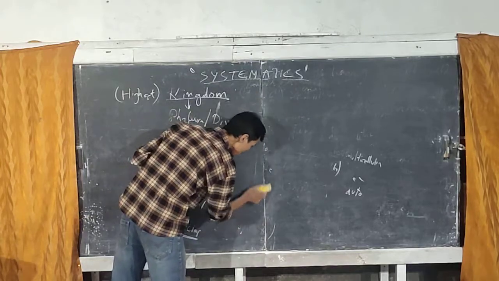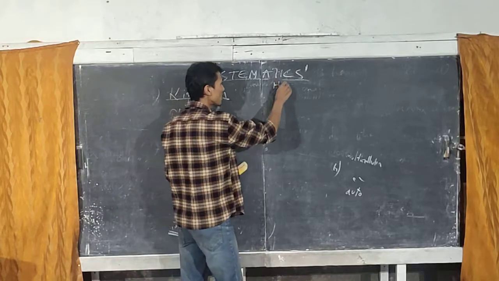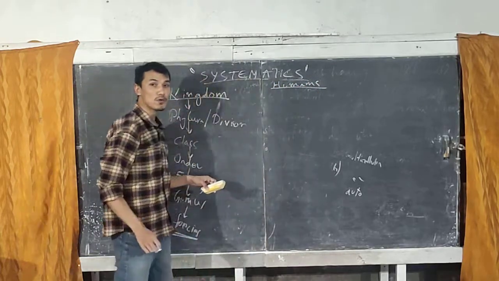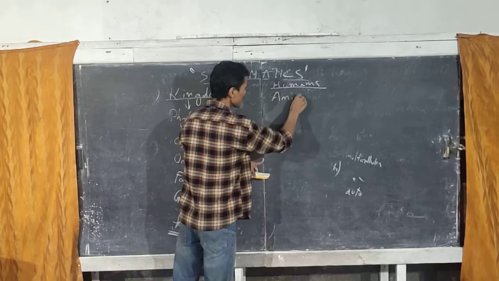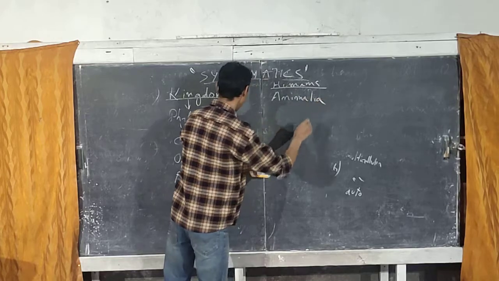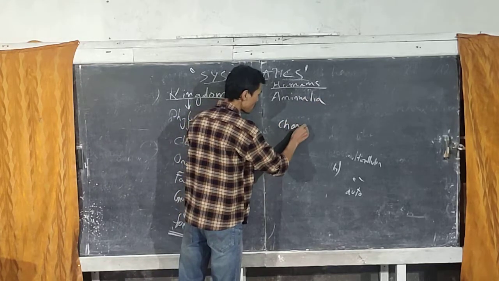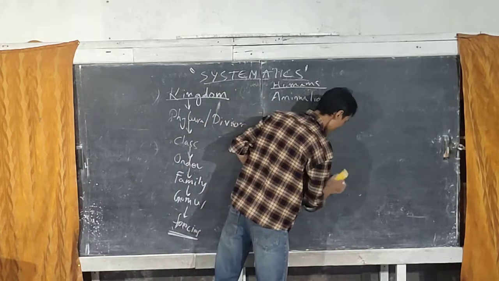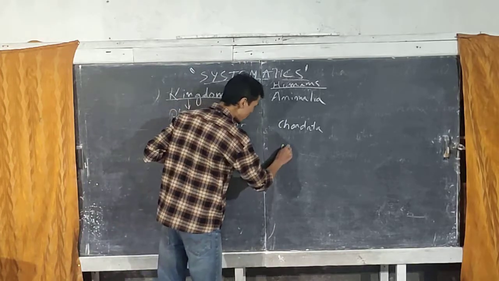So let's take humans. Humans, we all know, belong to the kingdom Animalia. Then phylum, it belongs to Chordata. Then class Mammalia.